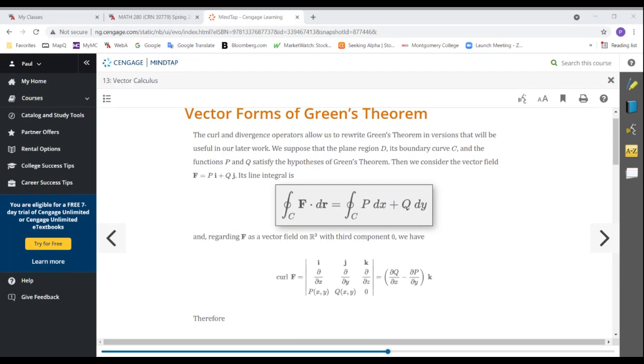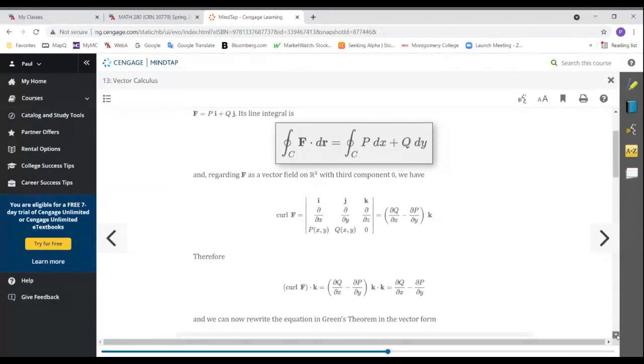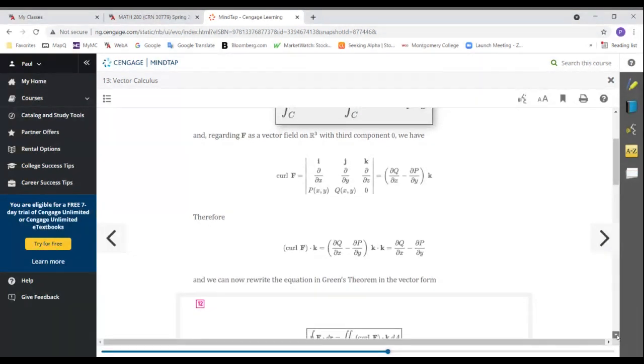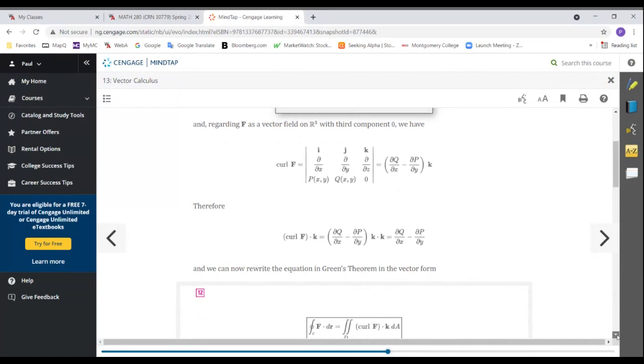But what we can do is write Green's theorem in a more convenient way, in what's called vector notation.